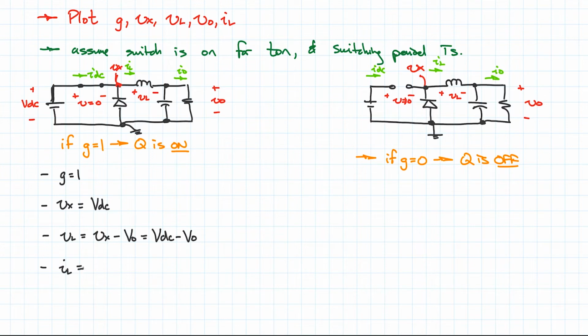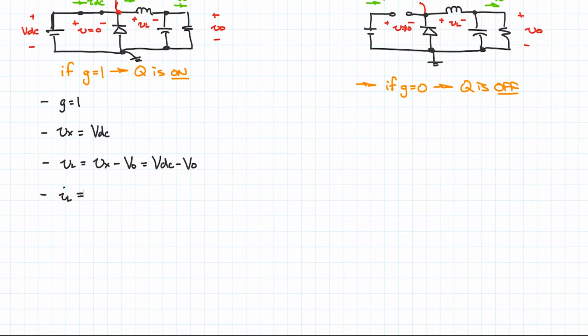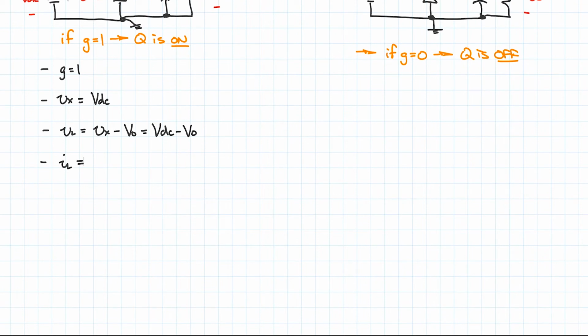Now what's IL? Here's a bit of a side note. If you have an inductor, and the inductor is fed a voltage, we know that VL equals L dIL by dt. That means the inductor current is 1 over L times the integral of the applied voltage.